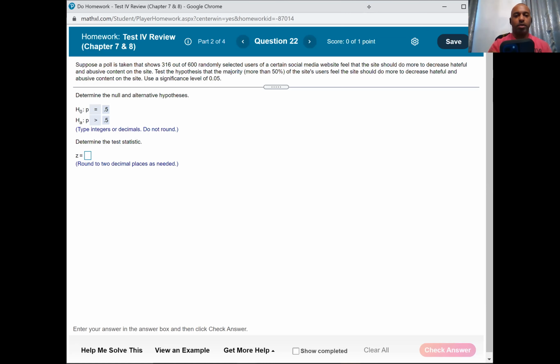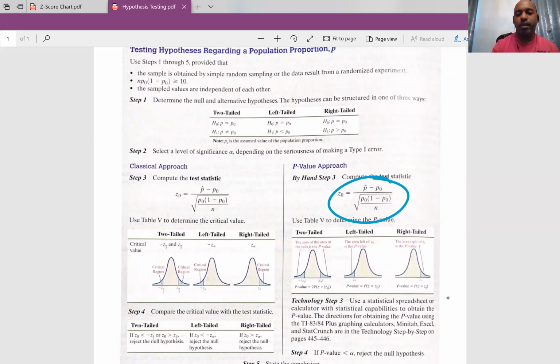All right, so let me take a picture of this problem. So the next piece is define or determine the test statistic. So here is the formula for our test statistic. So let's go to the notes.